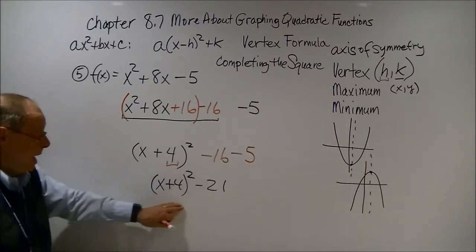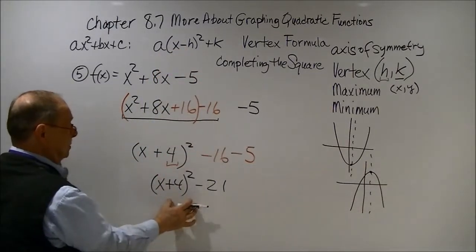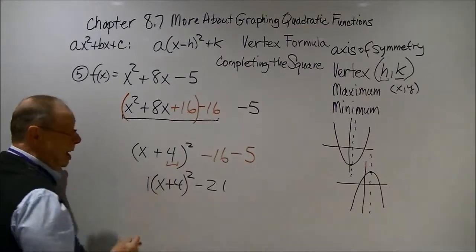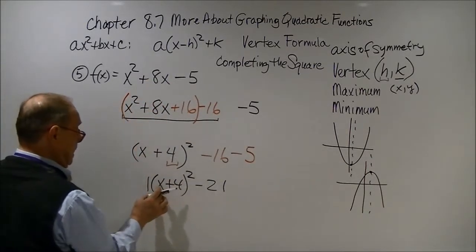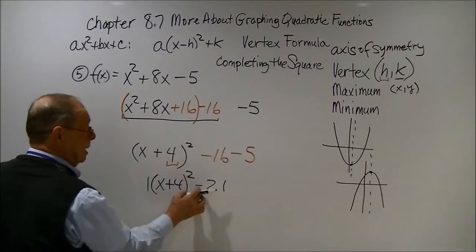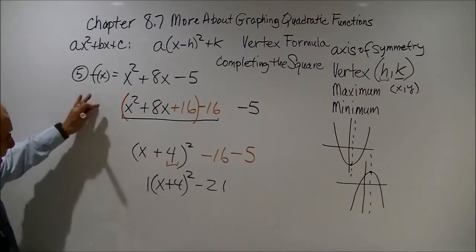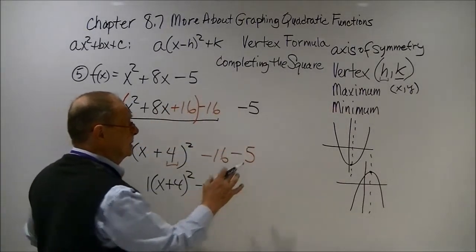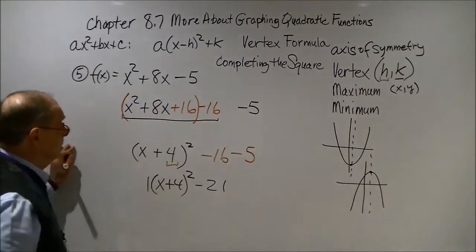And now we have this in this vertex formula, where A is going to be a positive 1 that we don't write, and x plus 4, the quantity squared, minus 21. Now I said from this, you can pick out some stuff. For instance, what would be the vertex then of this parabola?